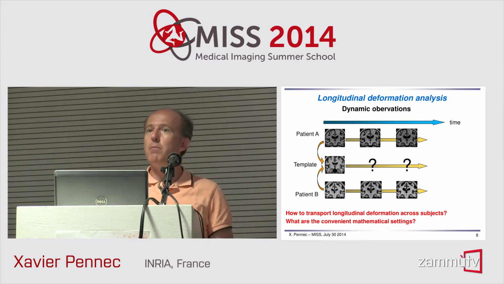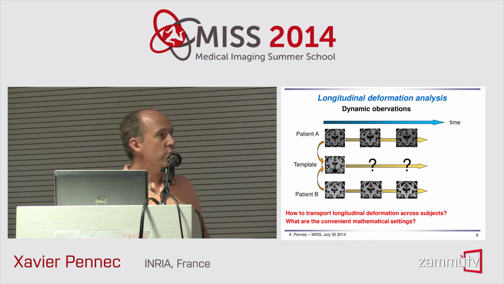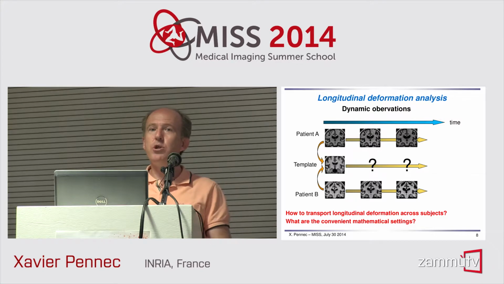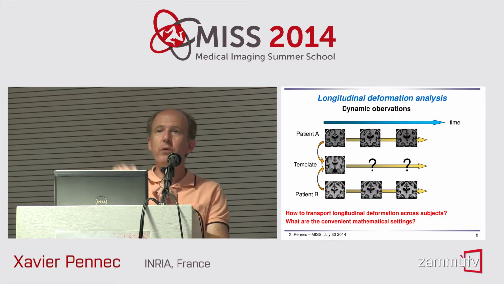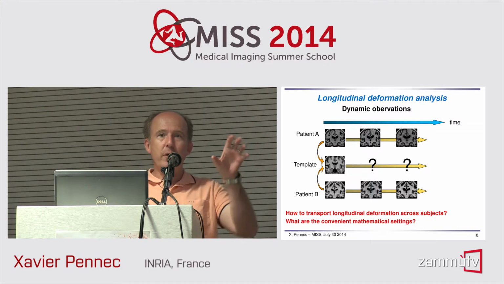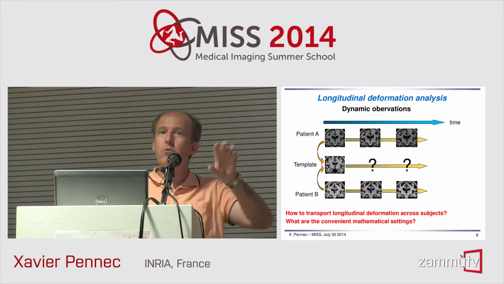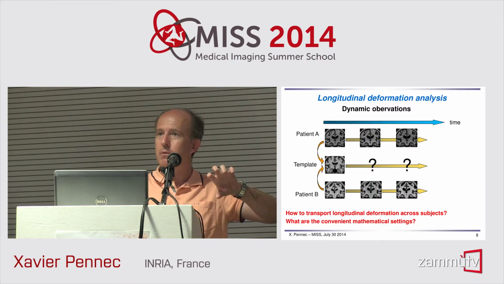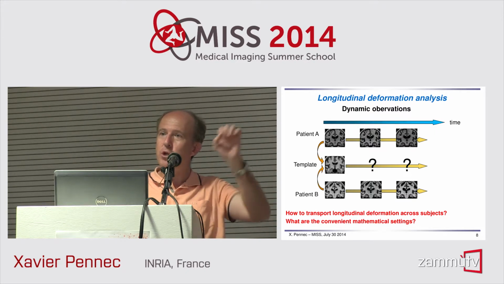Now there's one problem here, which is that if we want to resample an image, we just take the value at the corresponding point by the transformation. Okay, so it's a simple resampling. Now, if we want to transport a vector field, if the transformation is rotating locally, we would like to rotate the vector field with it. So there's more than just resampling.